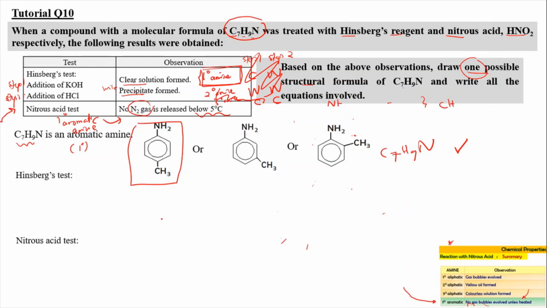Okay, and then we have to write all the equations that are involved. So for the Hinsberg test, what we're going to do is we're going to react our aniline. Okay, so I'm going to put it on the, okay, sejadikan dia sebagai horizontal, jatuhkan dia ke sebelah kanan. Maksudnya dia jadi beginilah. Okay, CH3.